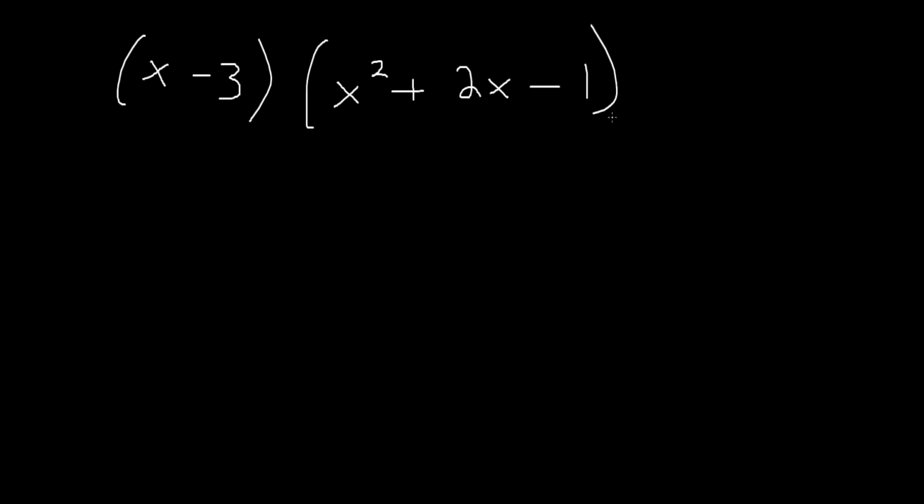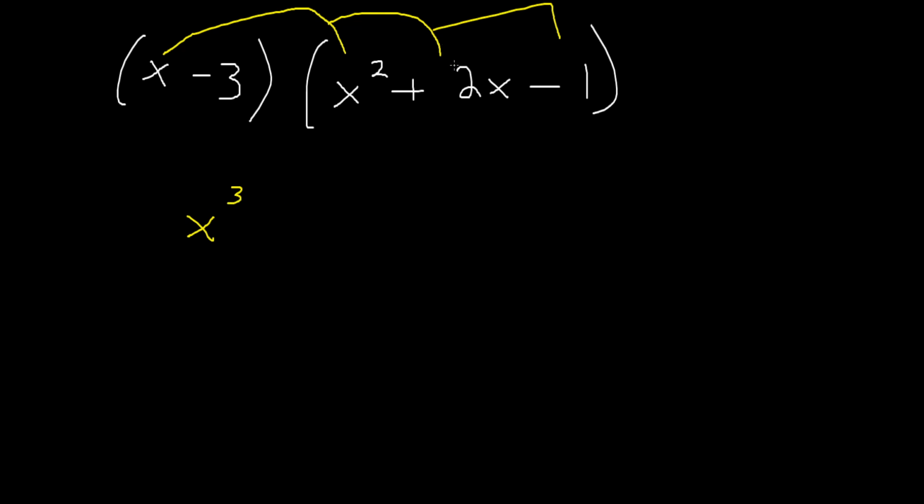Okay, so we got this. Oh boy, now we got to multiply all this. FOIL isn't going to work here because now we've got more than 2 terms in the other one. But the idea of FOIL still works. The idea of FOIL is you take your first term and multiply it by every term that's there. So x times x squared, that would be x cubed.